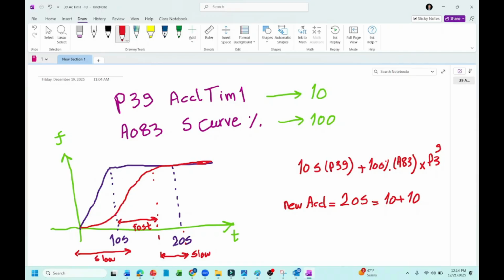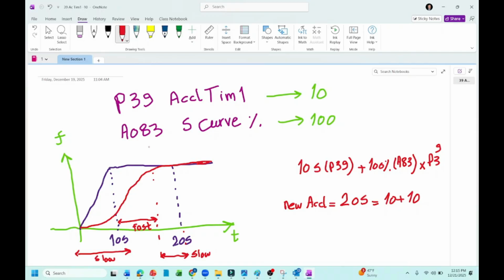If you look at the graph, plotting frequency versus time, usually that's linear, right? In 10 seconds the frequency goes up linearly, and this point is your max frequency, and then it runs at the max frequency that you adjusted.